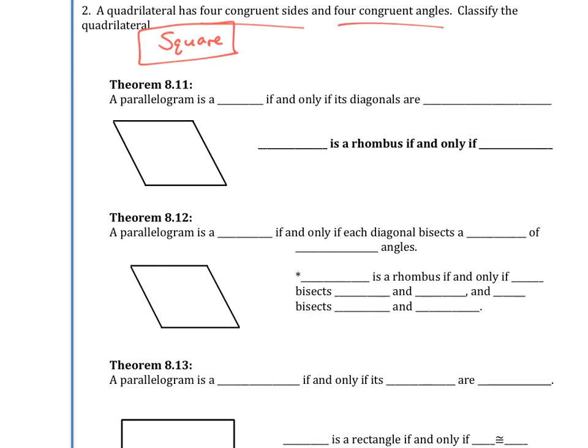All right. Theorem 8.11 says a parallelogram is a rhombus if and only if its diagonals are perpendicular. So in this picture, let's call this A, B, C, D. So it is a parallelogram, they're saying.